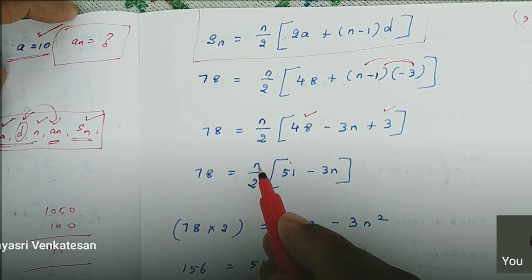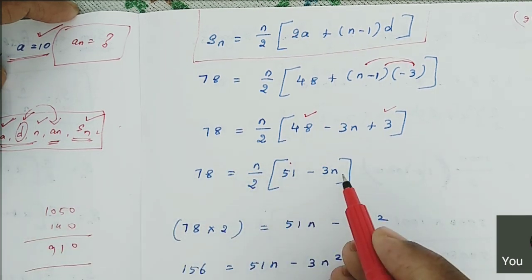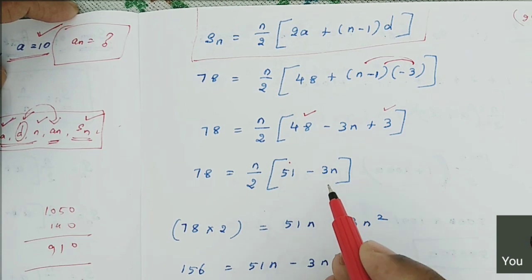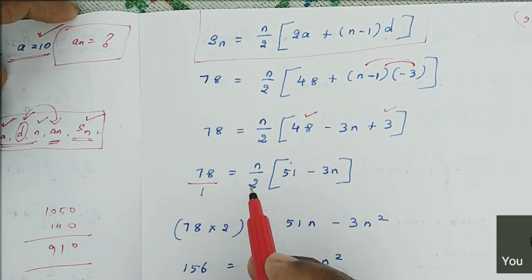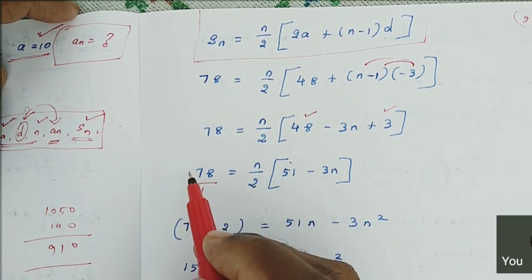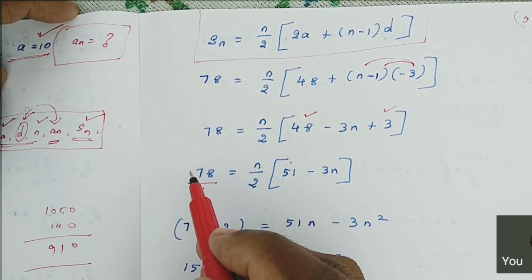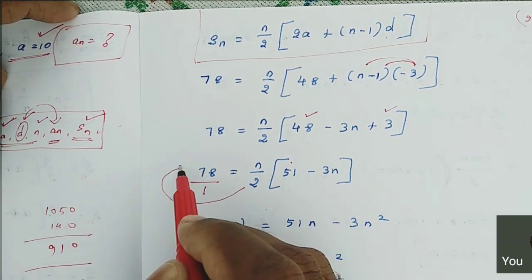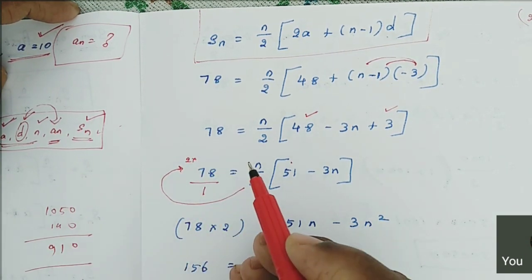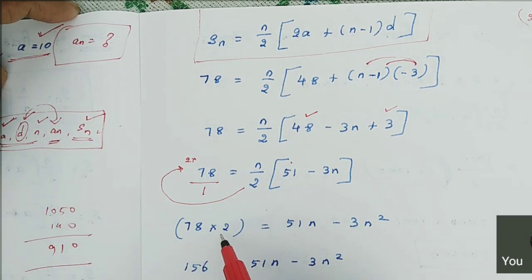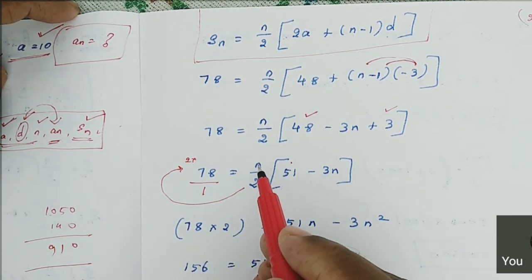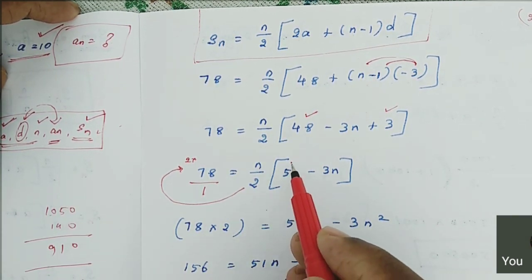Now n by 2 is common for 51 minus 3n, so you just multiply the n inside. When you transpose the 2 to the left hand side, it becomes a multiplication by 2. So now we can multiply 78 into 2, and remaining here is only n times (51 minus 3n).